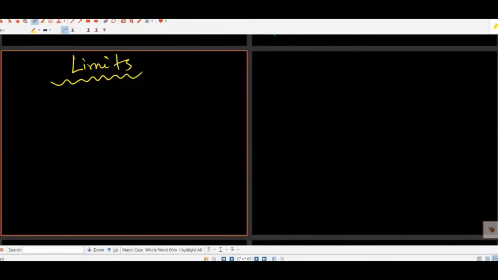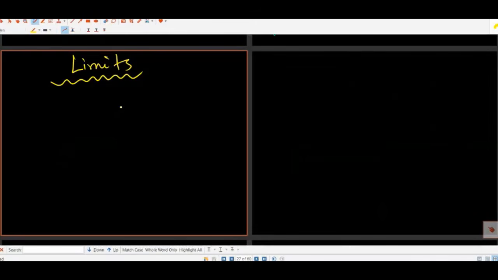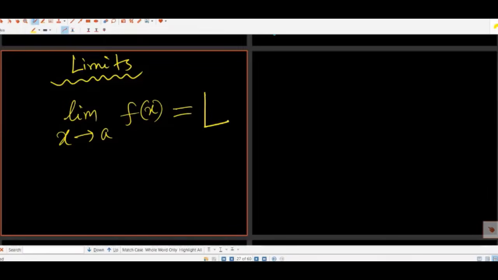Let's talk about limits. Whenever the term limits comes to your mind, you can think about the limit as x approaches a of f of x. That is going to be a finite number L, or this limit may not exist.